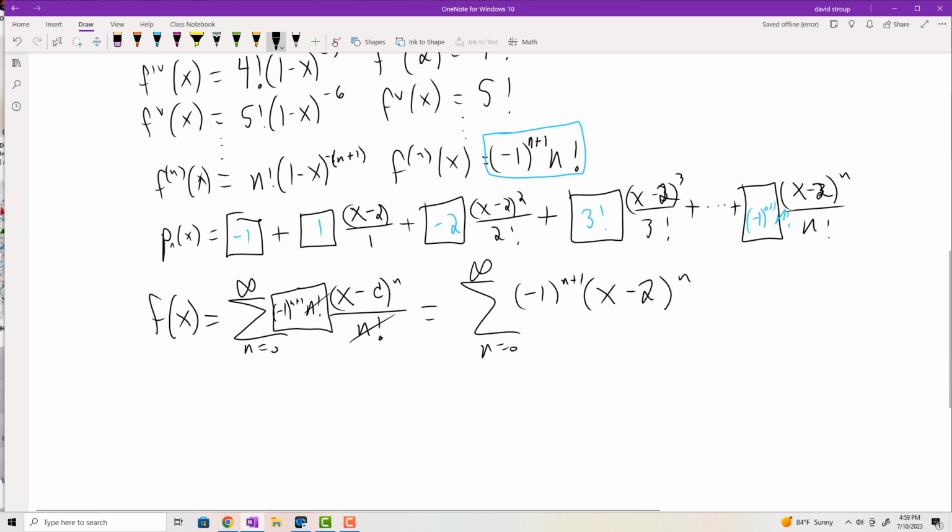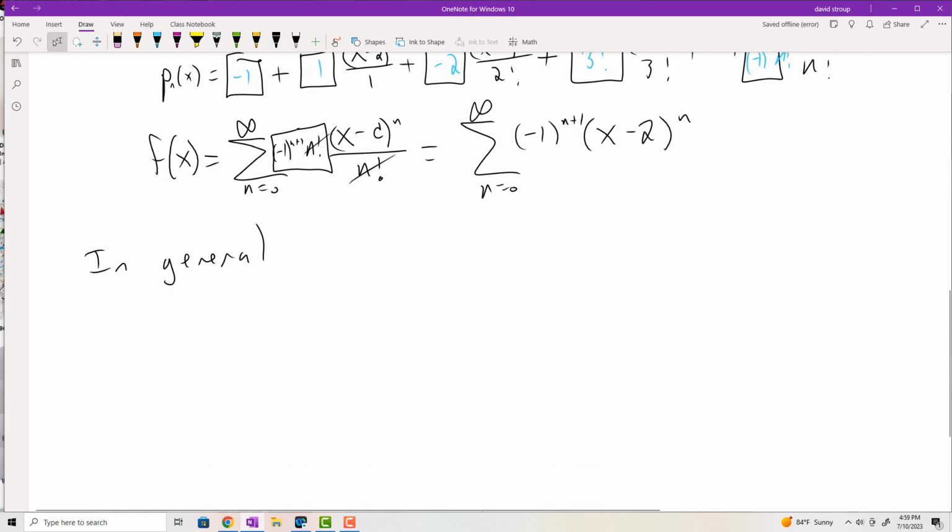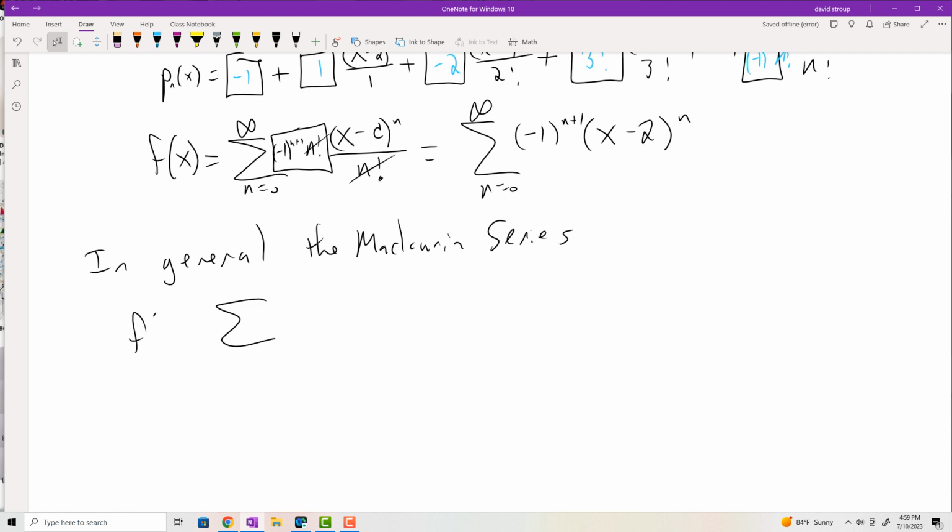But anyways, in general, the expression we'll be working with, the Maclaurin series, is going to be this. The series representation for f of x is going to be the sum of the nth derivative evaluated at c divided by n factorial, which is basically what this thing right here was.